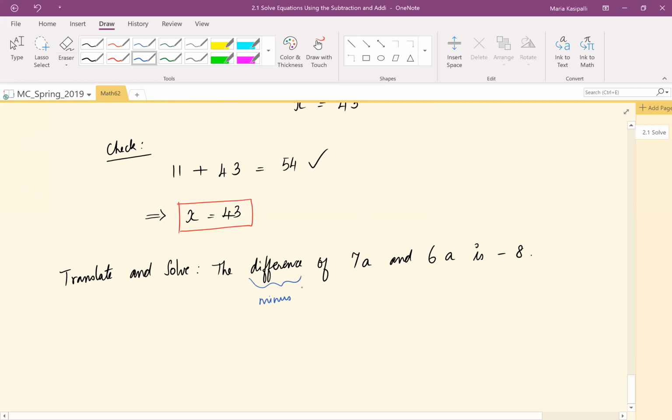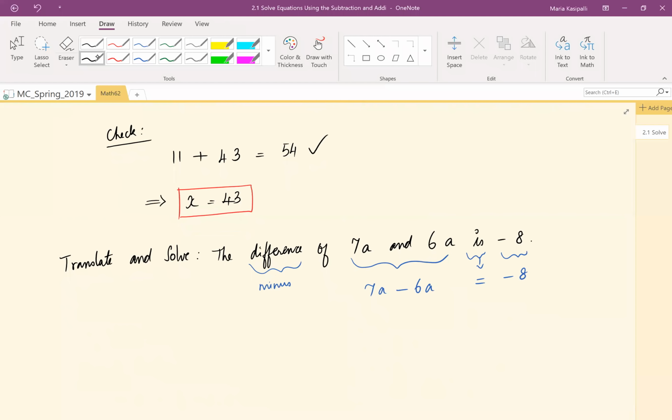You don't just have a minus hanging outside, unless it's a negative number, of course. But here they say the difference of 7a and 6a, which means the minus has to go between the 7a and the 6a. The word is itself means equals. And we have a -8. See, there's an example where -8 itself is the other side of the equation. So now you have 7a minus 6a equals -8.